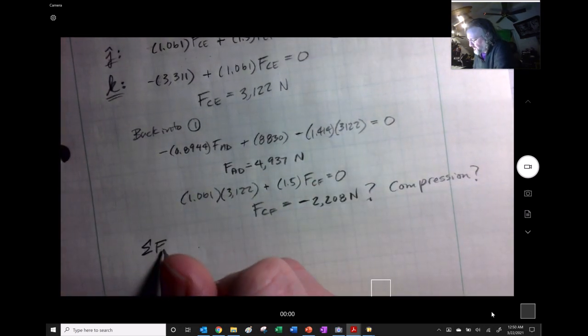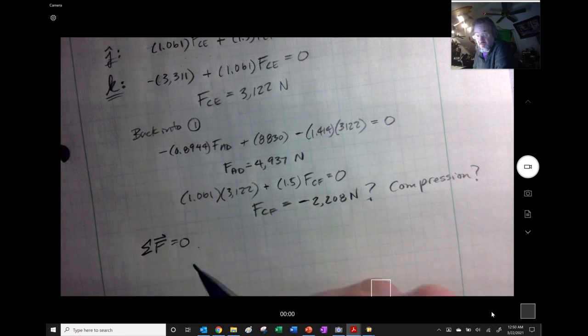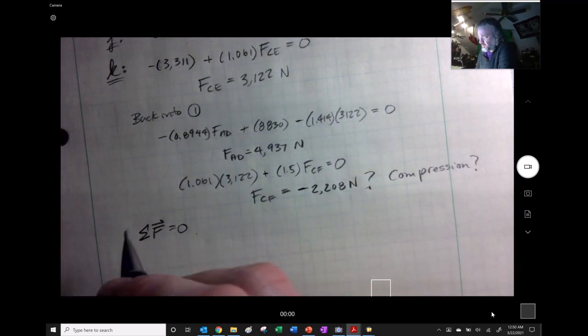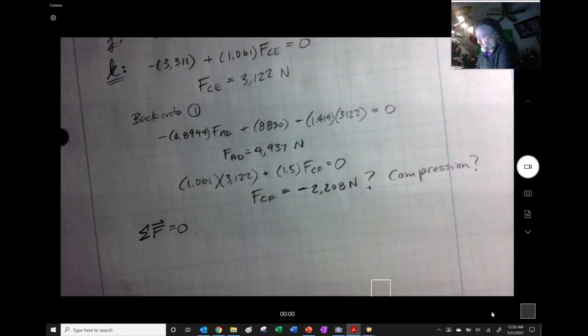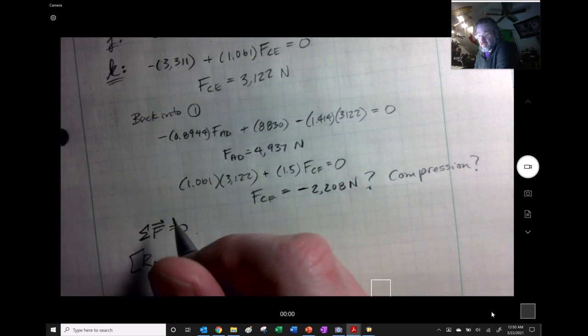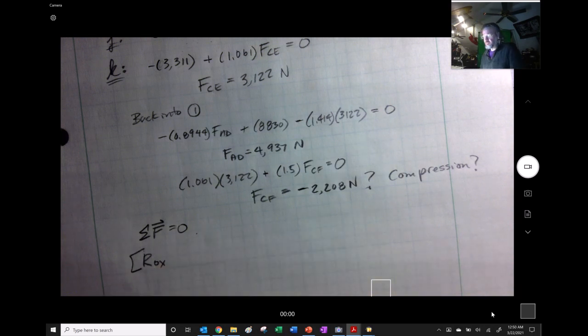Sum of the forces equal to 0. So let's take everything we know here in the I direction. We got ROX, and in the X direction, do we got anybody else? Do we have anybody in the X direction?